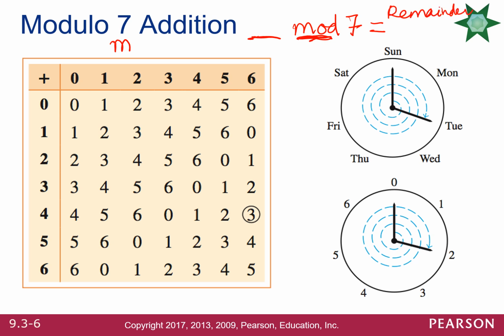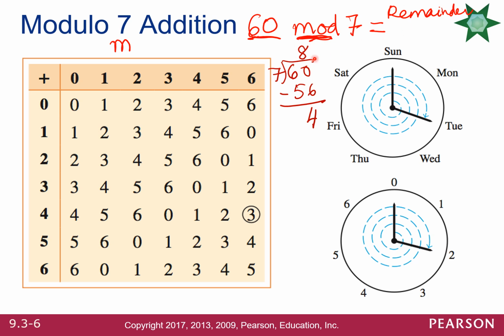Let's, for example, take the value 60. So 60 mod 7 will be the remainder after performing this division, 60 divided by 7. So let's perform that division. 60 divided by 7: 8 sevens are 56, we subtract, so 60 minus 56 is 4. So the answer for this problem, which is 60 mod 7, is really 4.